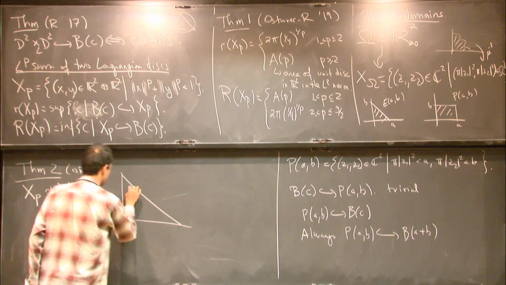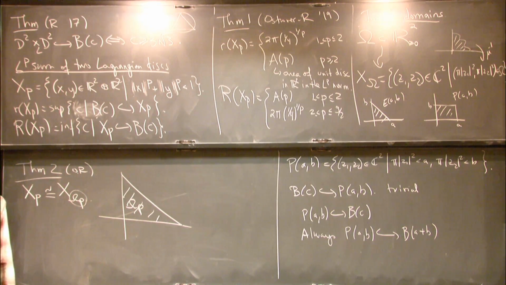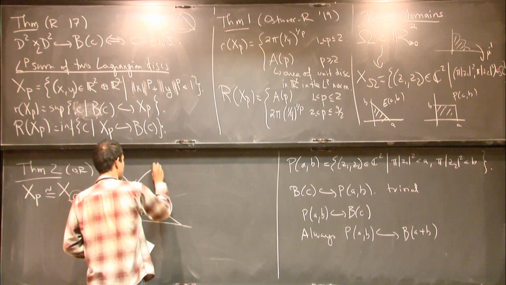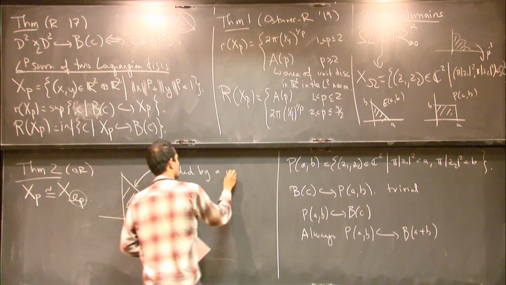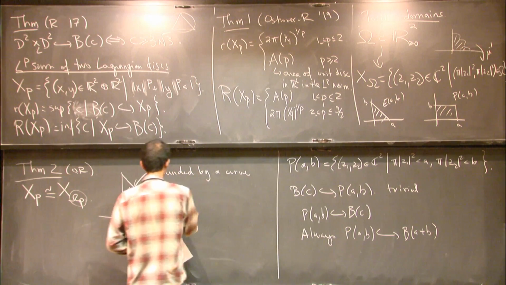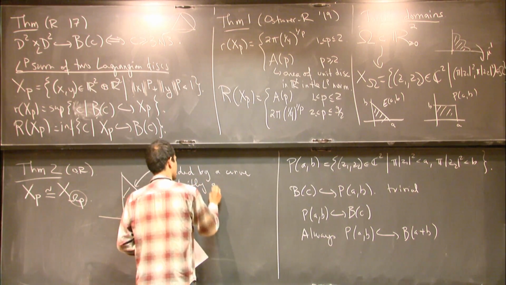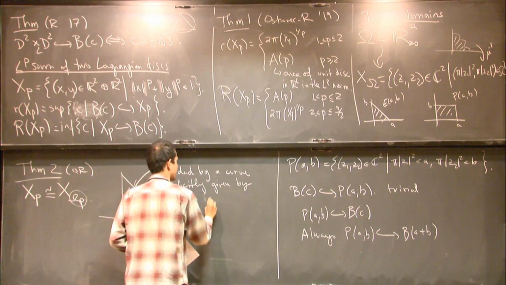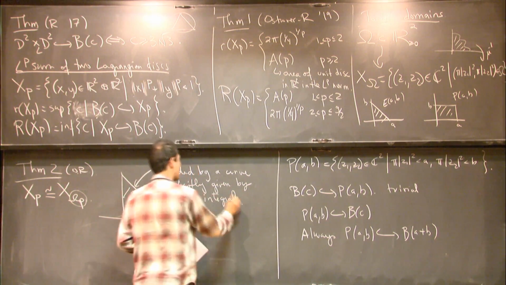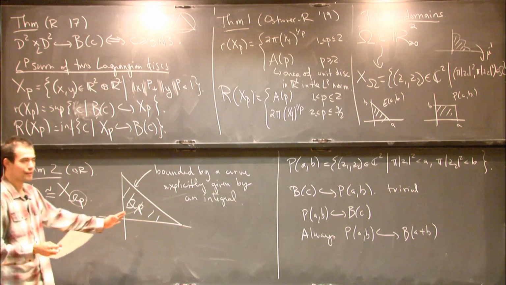This omega p is some region in R2, which is bounded by a curve which is explicitly given by an integral. I could write the integral for you, but I'll spare you that. If you're interested, you can look in the paper. But it's something very explicit.